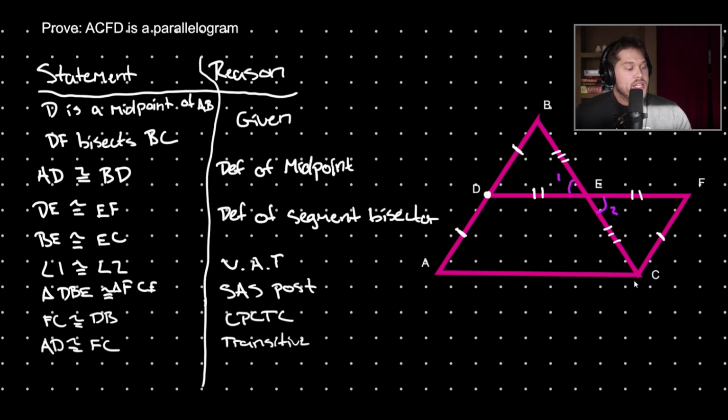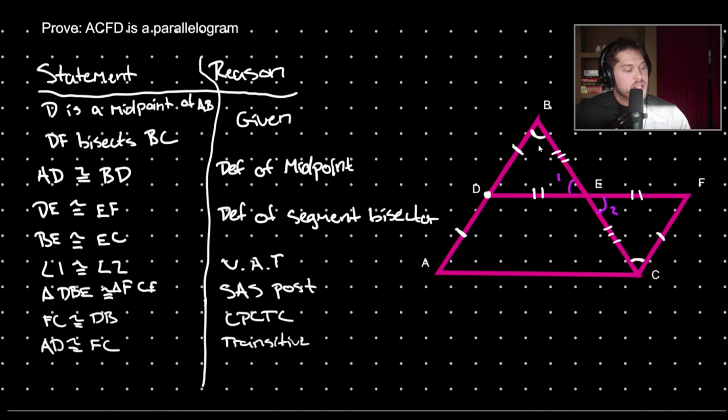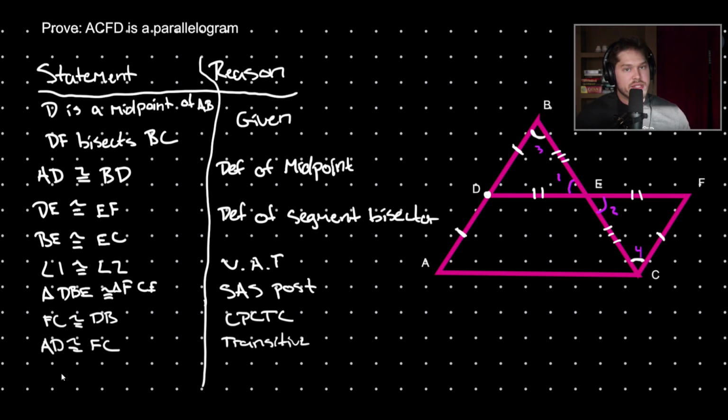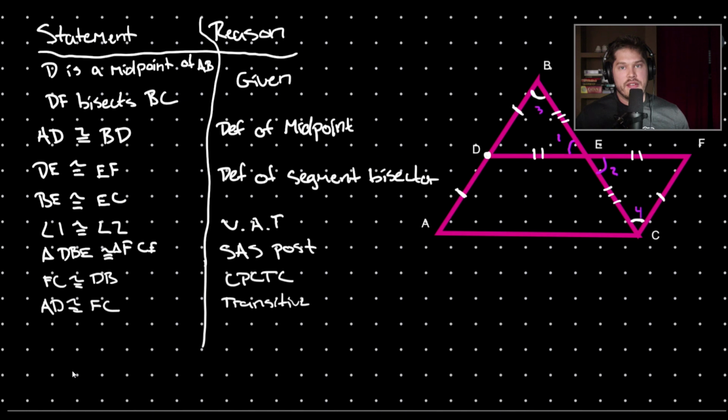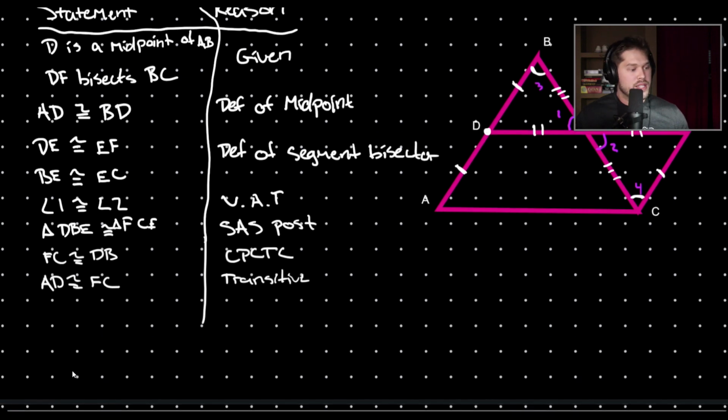Well, we can determine that this angle here is congruent to this angle here. Again, I'll call these angles angle 3 and angle 4. So I will say, in here, let's scroll down even more.